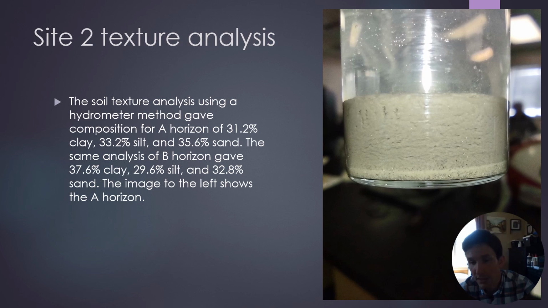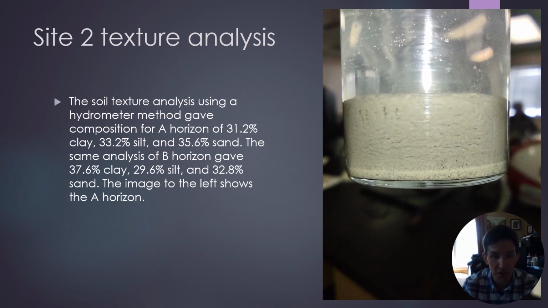The mixing and then letting the sample settle, as we see on the right, that was an A horizon, does not show that much sand. It appears to be less sand. So it's just visualization.